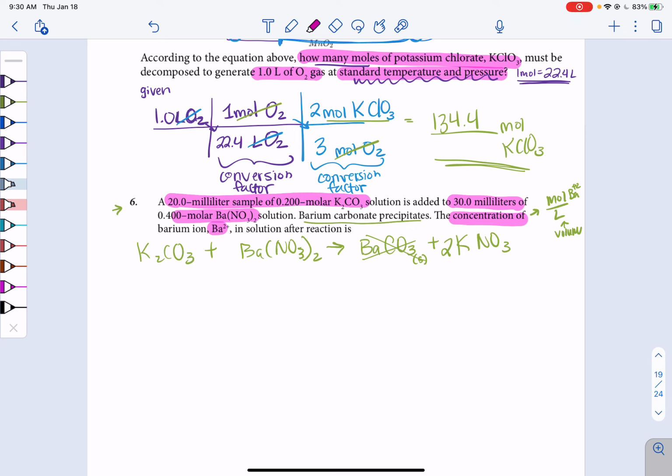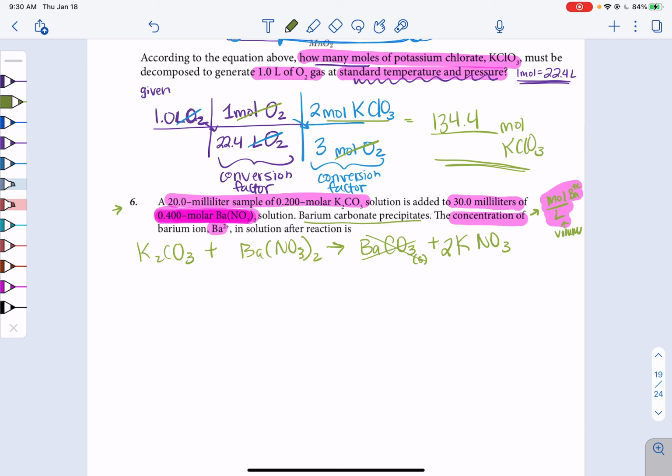But if you notice, we're going to have barium nitrate as the excess. So you don't have to do the math. I did the math for you in class, but we don't have to do it, because if we're going to find the concentration of barium ions, that must mean that the barium nitrate is our excess reactant because there's extra barium left over. But I could prove that to you.